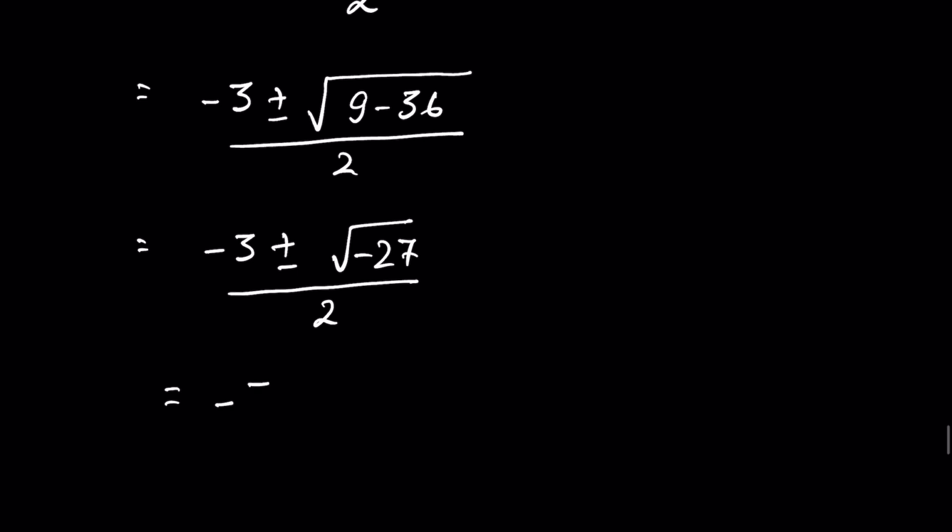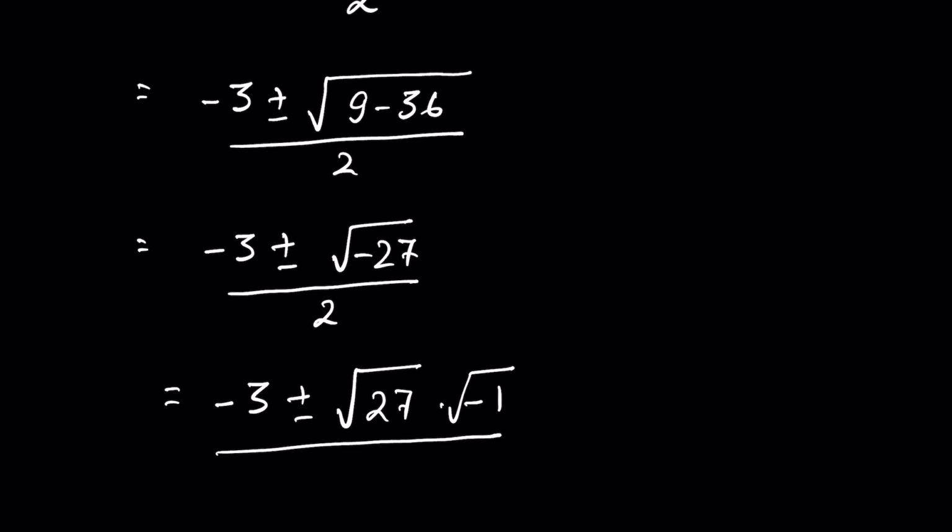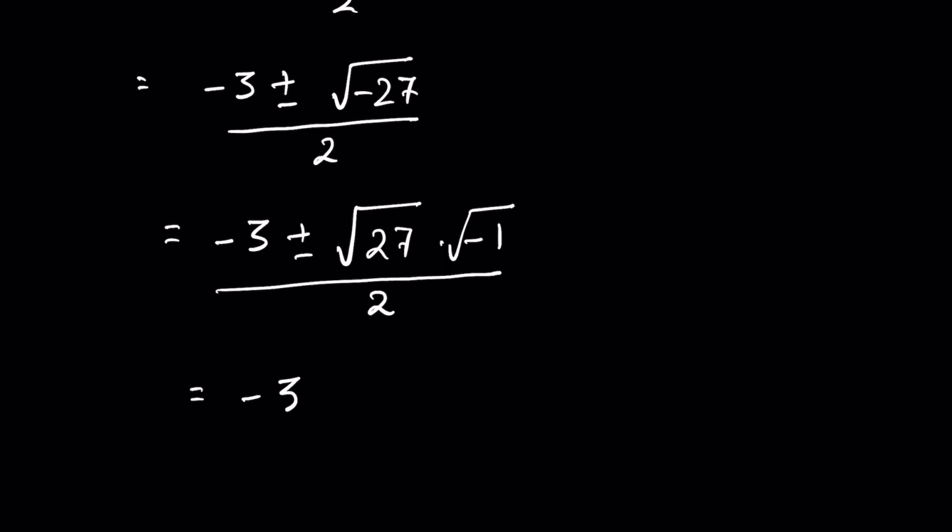Or minus 3 plus minus, we can write it as square root of 27 times square root of minus 1 upon 2, or minus 3 plus minus square root of 27, which is equal to 3 times square root of 3, and square root of minus 1 is an imaginary unit, we write i instead of it, so we write i upon 2.